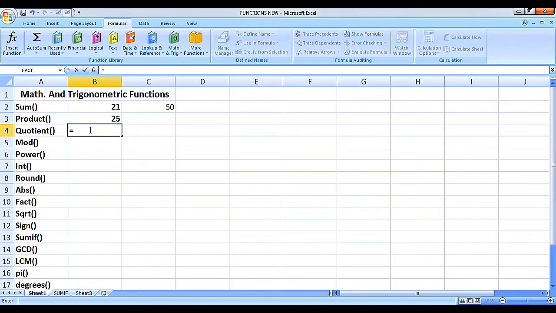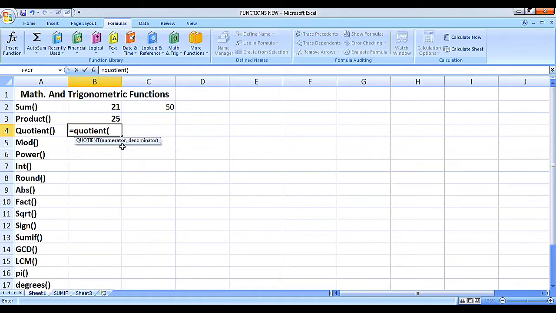Next one is QUOTIENT. This function returns the integer part of the division. You can see the purpose, returns the integer portion of a division. Here it takes 2 arguments, numerator and denominator. They are not enclosed inside square brackets.